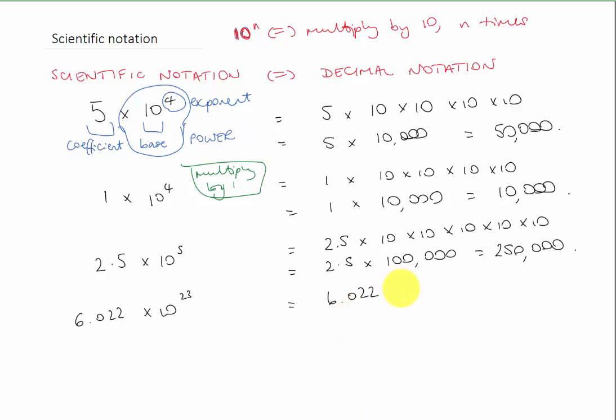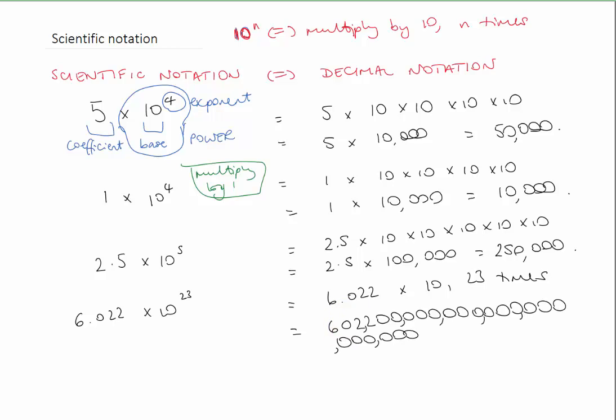I'm not going to write all the tens out, but if I write out all the zeros, it comes to this enormous number, which I think you can agree is quite unwieldy. So this is where the scientific notation really comes into its own, and we can express very large numbers easily.